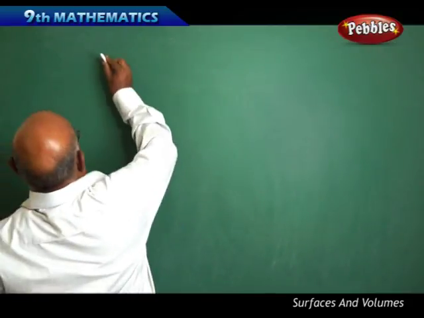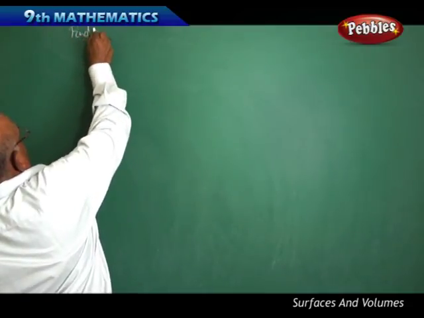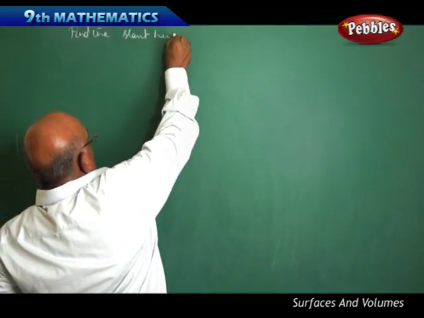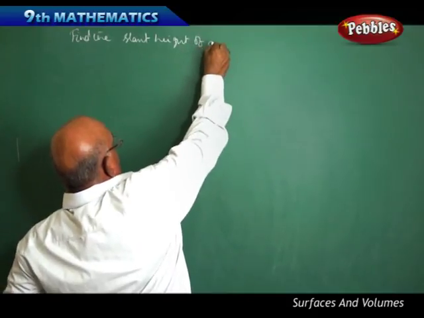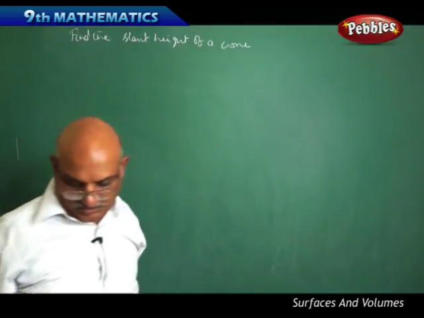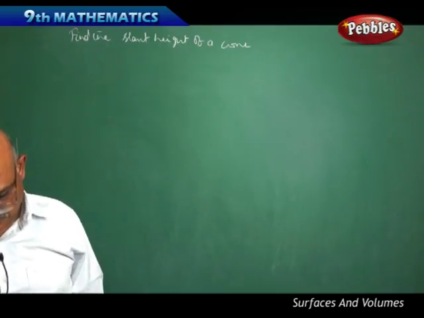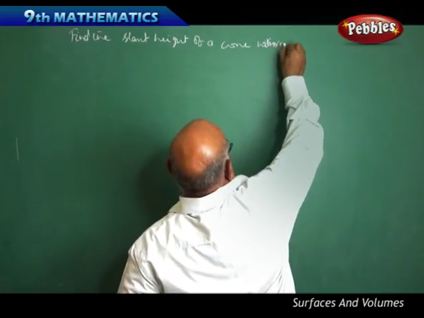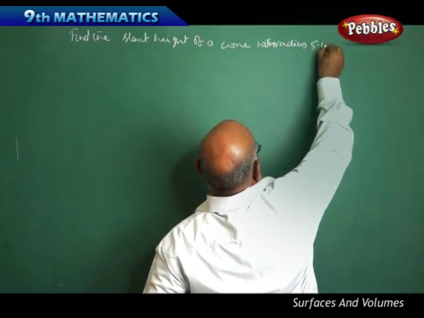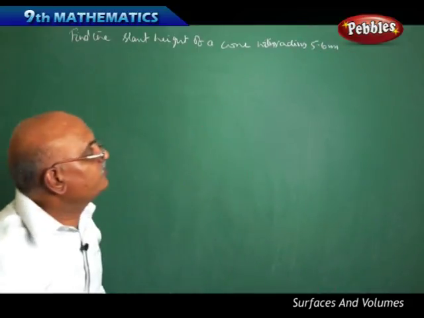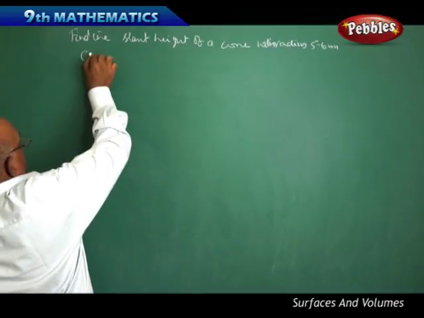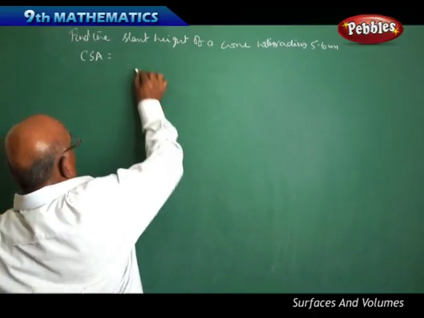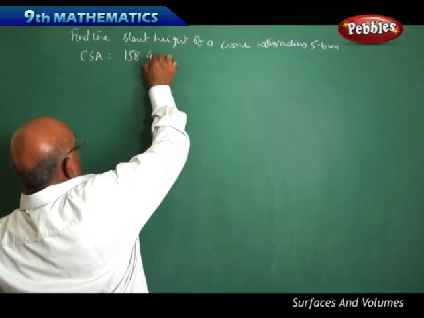Find the slant height of a cone with a radius of 5.6 centimeters and the complete surface area equal to 158.4 centimeters square.